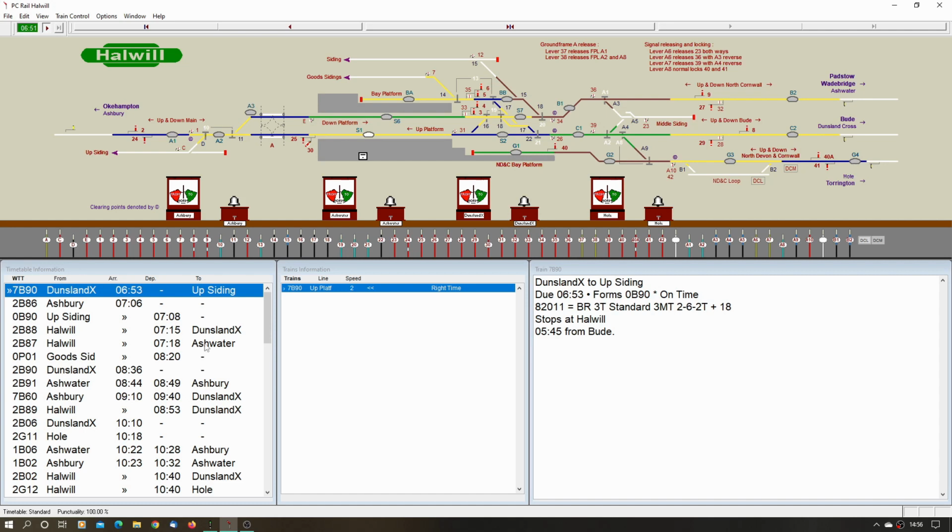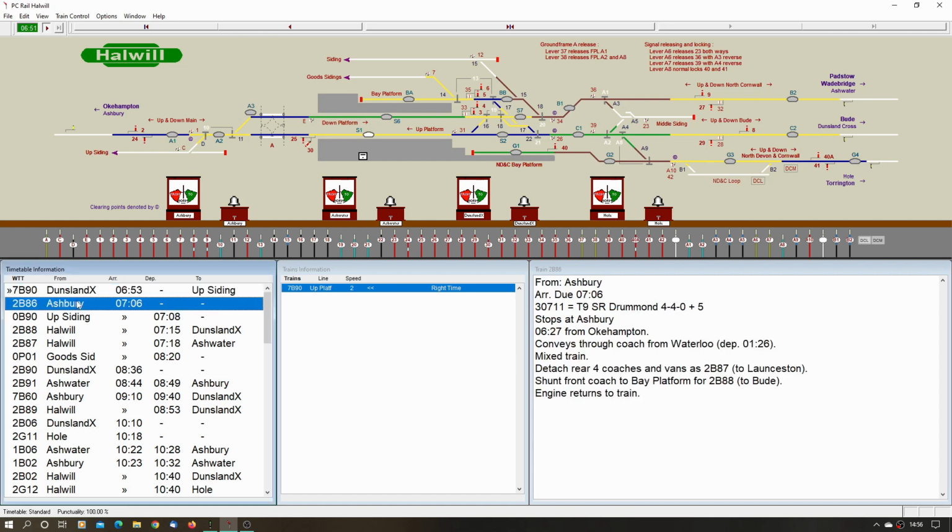So the next one, which is on the down main, is this class 2 passenger 2B86, and we've got a bit of shunting to do with that one.